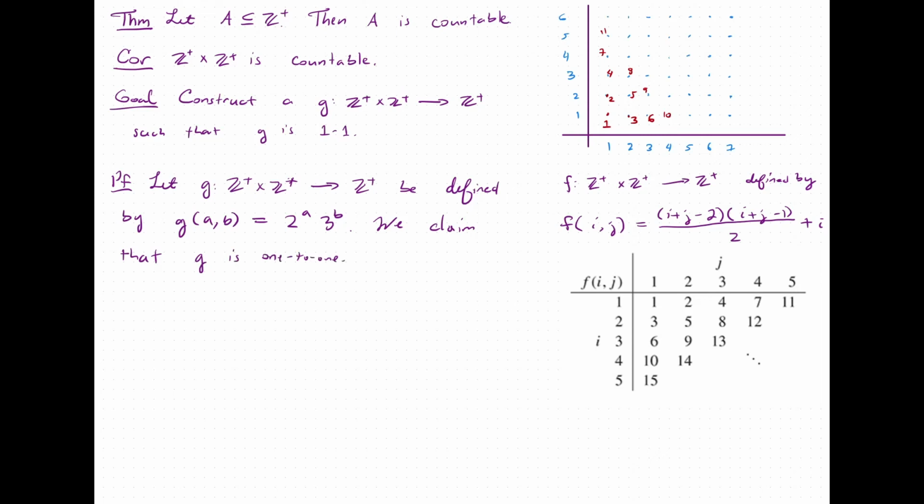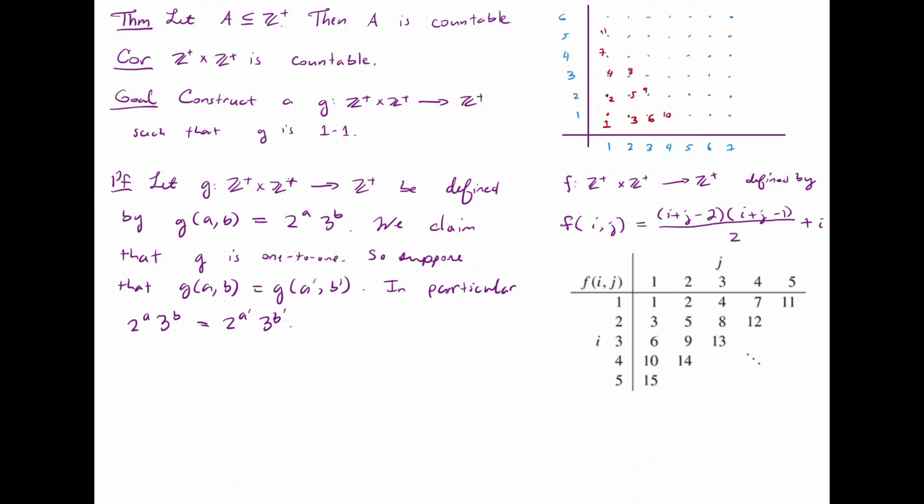So to do this, we're going to consider two different ordered pairs such that we have equality. So suppose that g of a comma b is equal to g of a prime comma b prime. So in particular, we have 2 to the a, 3 to the b is equal to 2 to the a prime, 3 to the b prime.